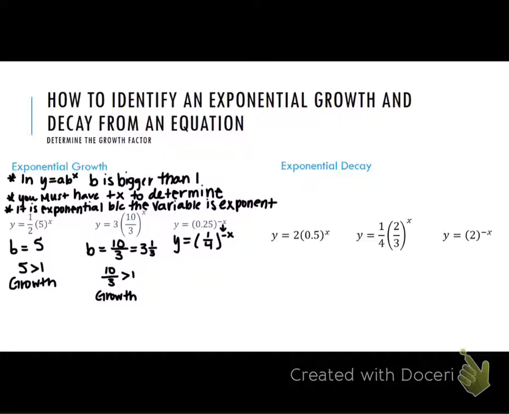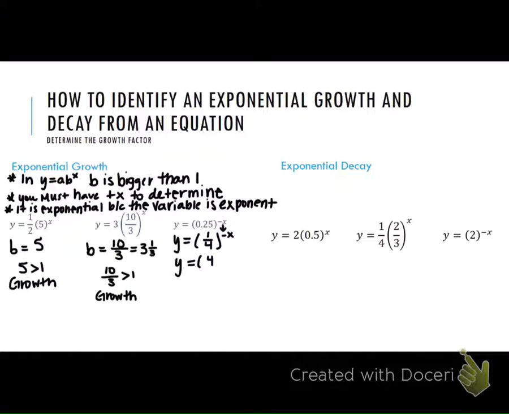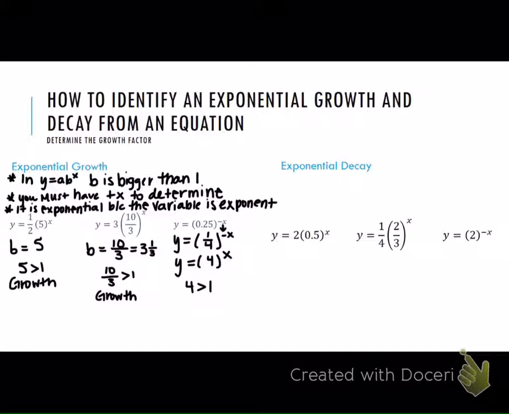Can we have a negative exponent? No. What did I tell you guys at the beginning of class really quickly about negative exponents? It's a reciprocal. So really, this is y equals 4 to the positive x. Now is this growth? Yes. So once the exponent is positive, you can determine growth or decay.